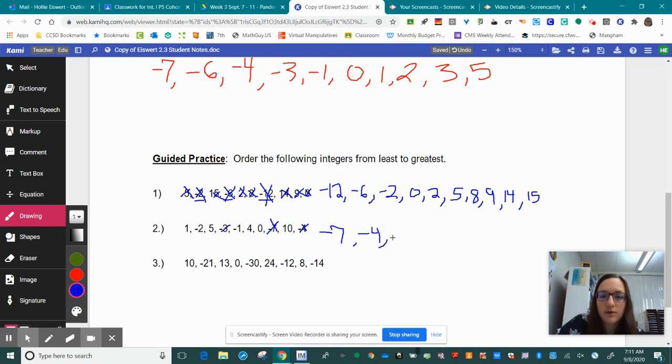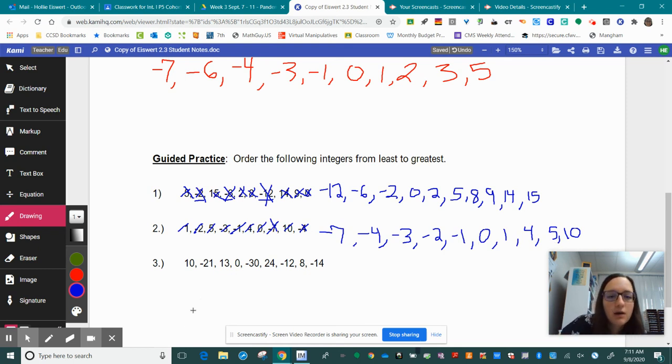And then we have a -3, -2, -1, 0, 1, and then 4, and then 5, and 10. I'm going to double check to make sure I got all of my numbers. So I have 1, 2, 3, 4, 5, 6, 7, 8, 9, 10 numbers.